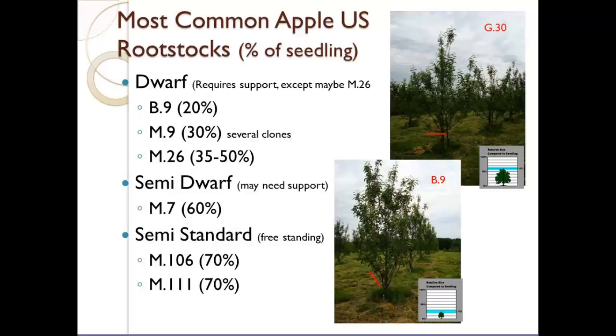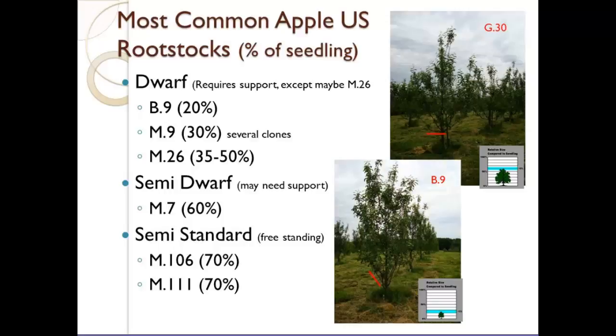But I've got some pictures here that I took in an orchard that has the same apple on different rootstocks, and I just want to show you the effect of rootstock. On the upper picture is the rootstock G30. Now you notice it's not in the list. G30 is one of the newer rootstocks. But you can see that it causes naturally wide branch angles. That's one of the benefits.